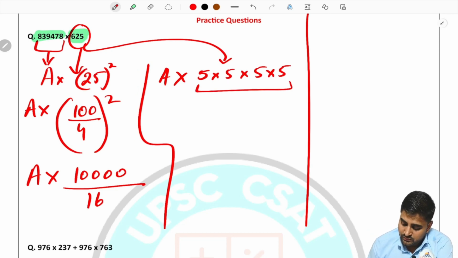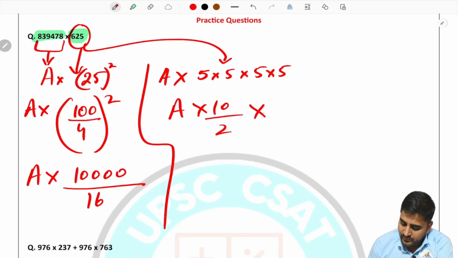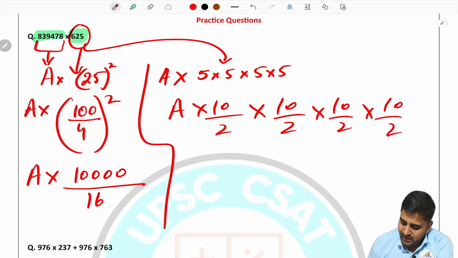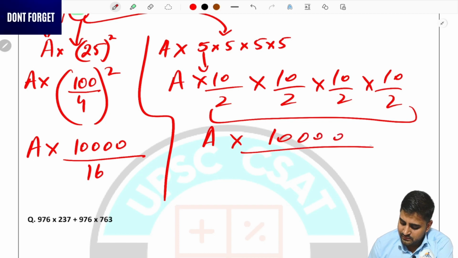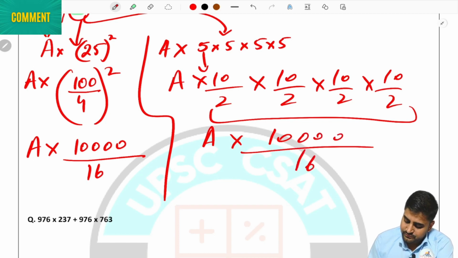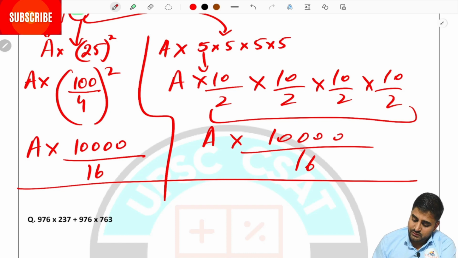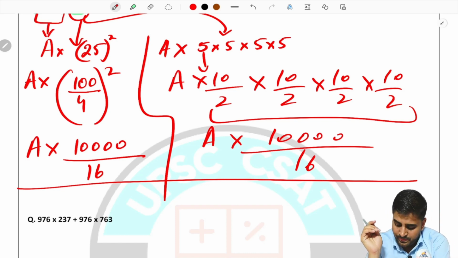Now for this thing you can write it like this. I don't think I need to elaborate on these things now. You know why I wrote this. And when you multiply all of them, then also you will get it. I hope this much is clear to you.